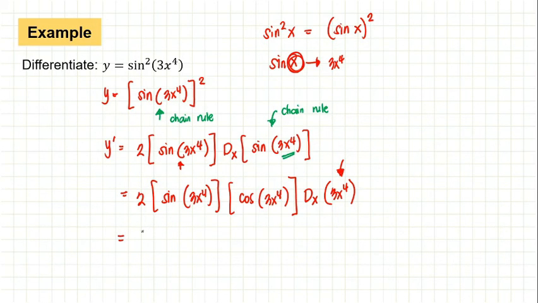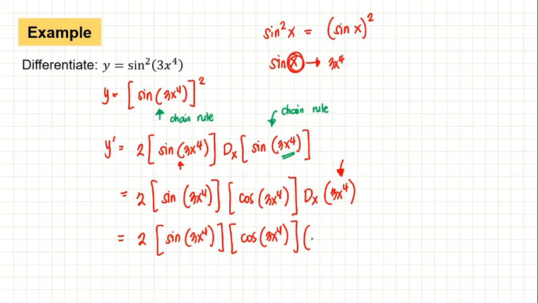Right? So we have 2 times sine of 3x to the power of 4. Okay. We also have cosine of 3x to the power of 4 times the derivative of 3x to the power of 4, which is just 12x cubed.